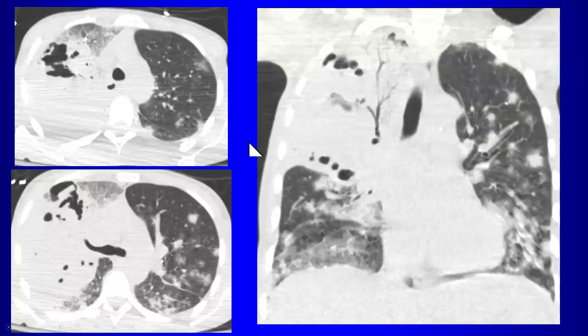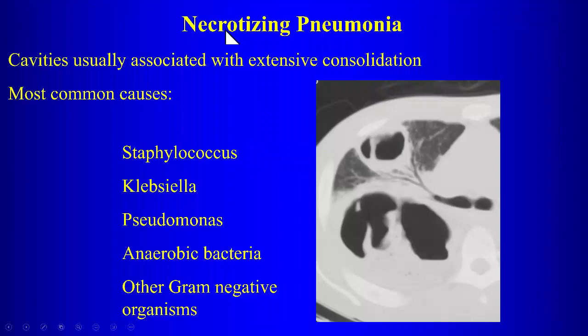It's multifocal pneumonia in this patient. So this is a patient with necrotizing pneumonia. Cavities with extensive consolidation, these are the organisms we think of: Staph, Klebsiella, Pseudomonas, anaerobes, other gram-negatives. But Klebsiella especially can be associated with what's called Friedlander's pneumonia, where the actual size of the lobe increases because of the voluminous amount of the consolidation itself.